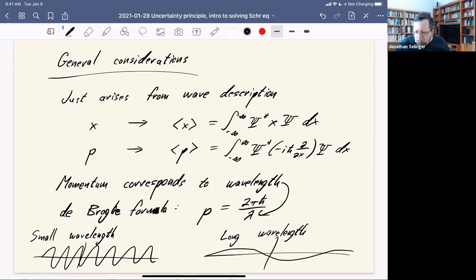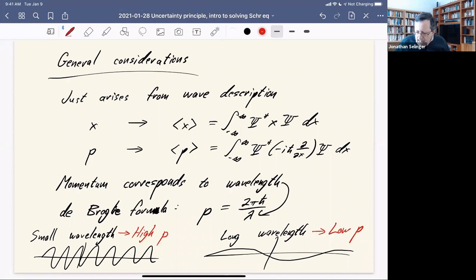And so we know from this kind of relation up there that the momentum is associated with derivatives of the wave. When you have something with a small wavelength, and it goes up and down a lot, it has big derivatives. Whereas if it has a long wavelength and it doesn't go up and down so much, then it has small derivatives. And so the short wavelength has a high momentum, and the long wavelength has a low momentum.